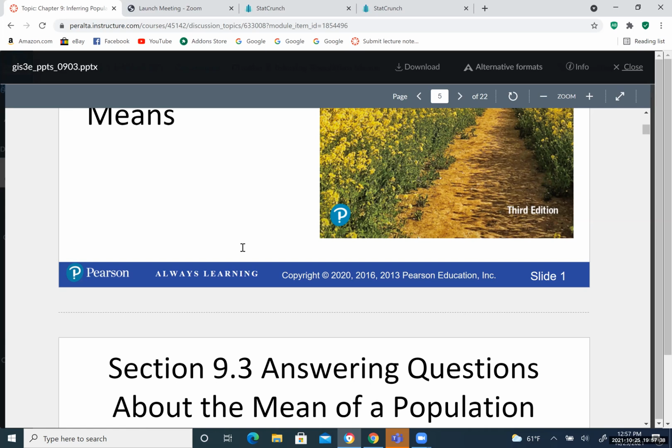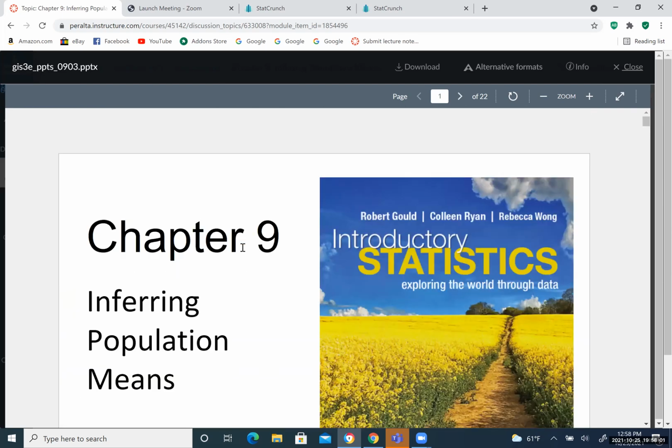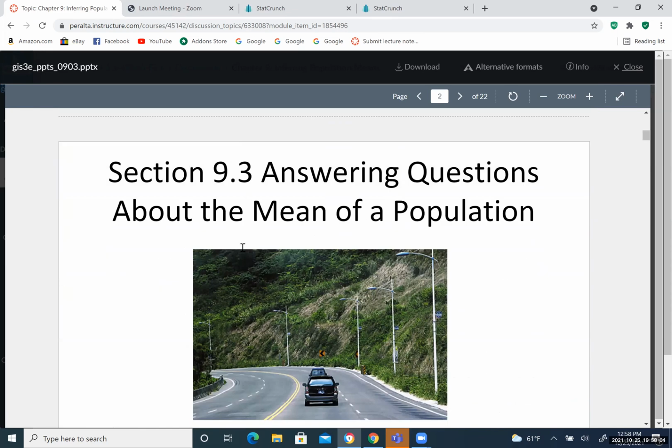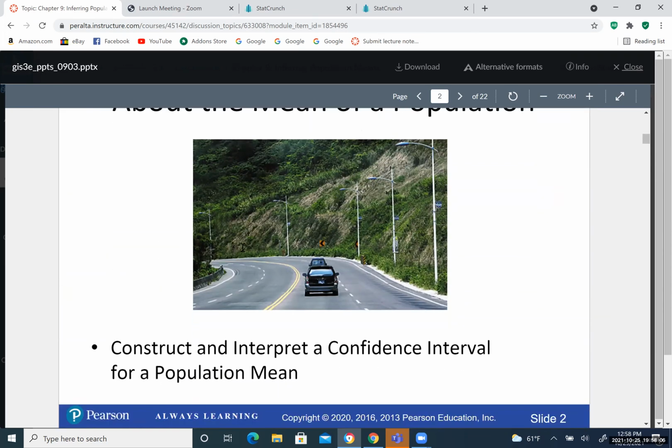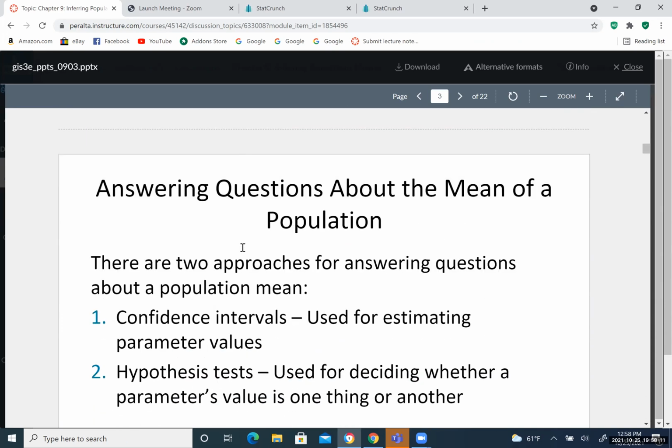They provide us the sample size and the sample standard deviation only, and you use the formula, but I'm not going to give you a test on the t distribution since we don't go deeper than that. So just ignore that part and focus on the emphasized parts that I give you. 9.3 is also important: you need to know how to compute the confidence interval for the population mean.